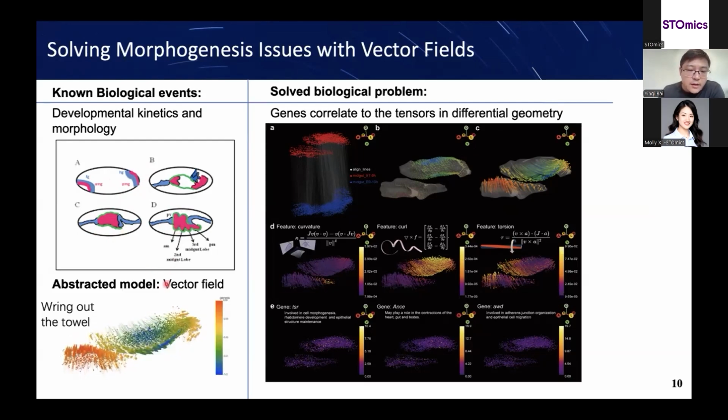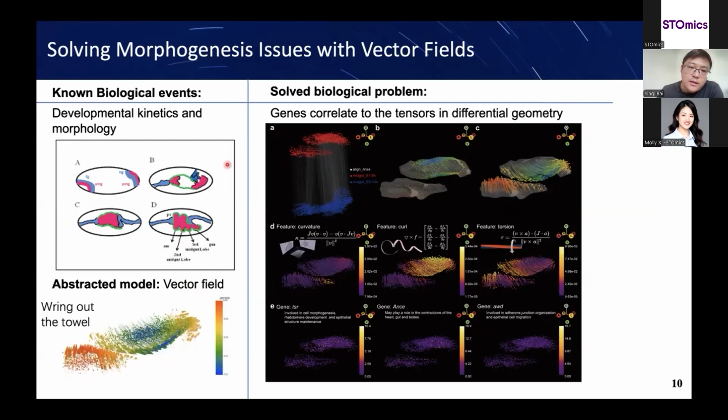So we just calculate another field. Notice that I have already introduced the potential field. The perpendicular field of the potential field is the vector field. I can easily calculate the vector field to simulate the cell migration here, the cell migration across two developmental stages.